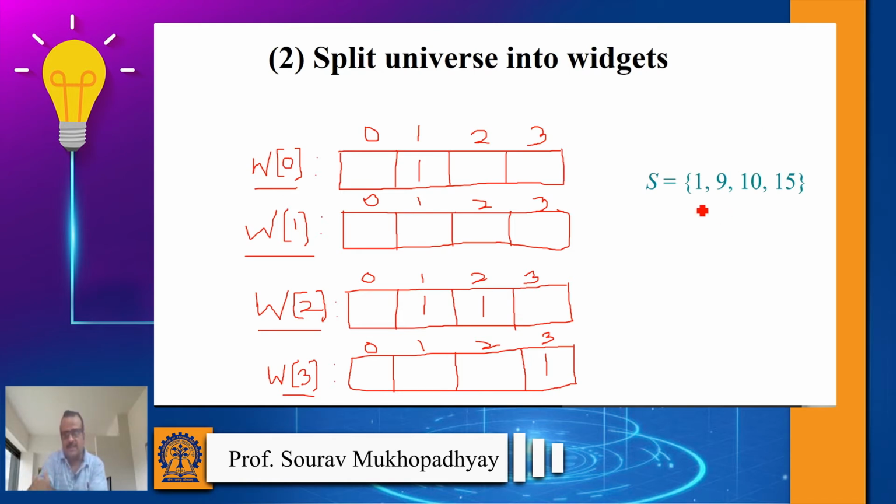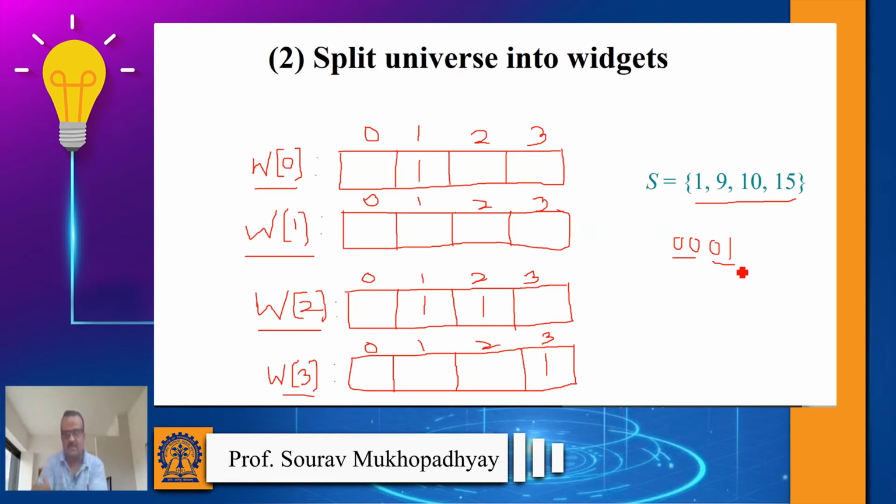Now in that case, how do we do these operations in 2D form? Suppose 1. What we do is convert every element into binary form. Here u is 16, so 4 bits. So 1 is 0 0 0 1. We break it into two parts, high and low.